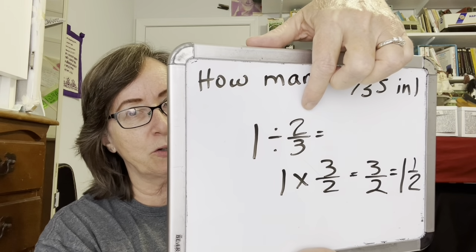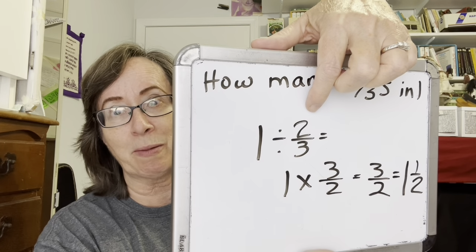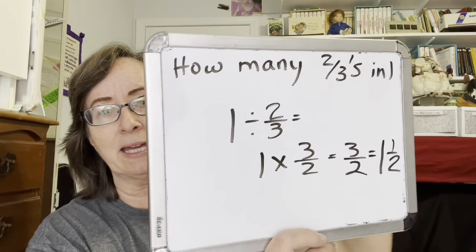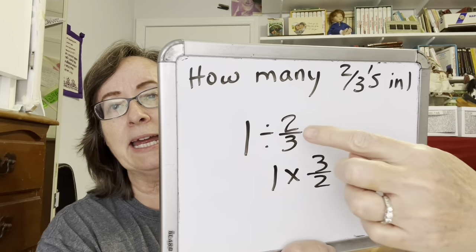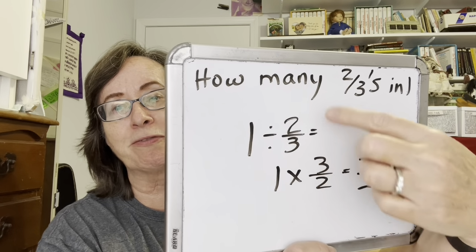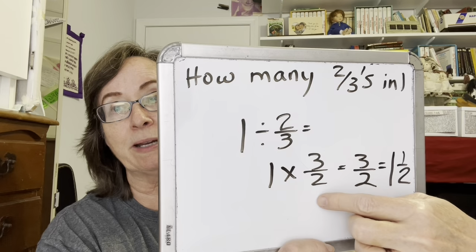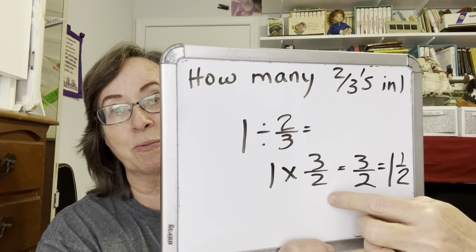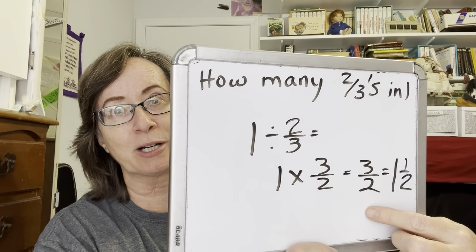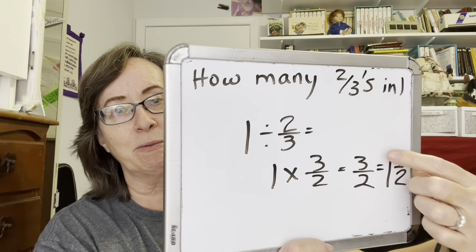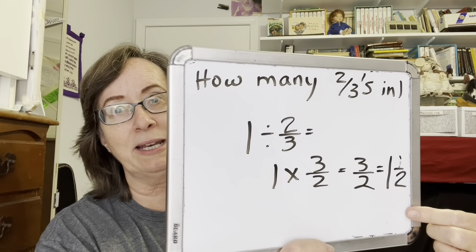And when we do, we're going to say, okay, division by a fraction is the same thing as multiplication by its reciprocal. So we take the 2/3, we flip it upside down, and we get 3/2. 1 times 3/2 is 3/2. But 3/2 is improper. When we simplify it, it's 1 1/2. So there are 1 1/2 2/3 in 1.